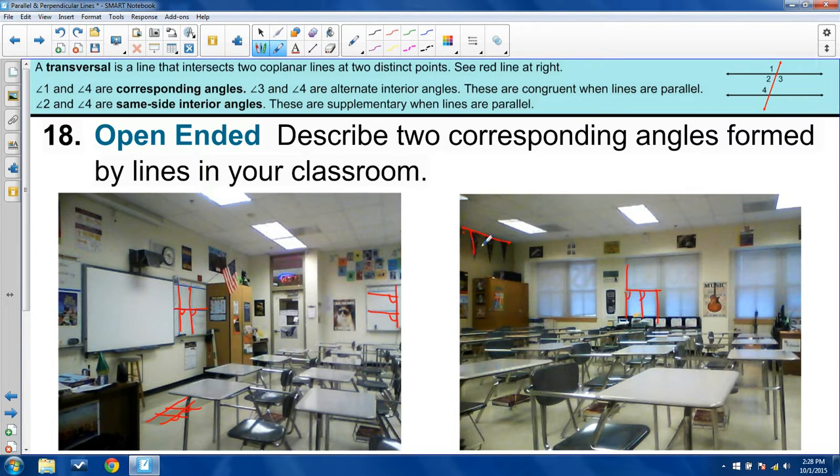Okay, I have lines going like that, so these are corresponding angles. Now these ones that I'm doing are also congruent, right? All corresponding congruent angles. Even on the ceiling, if you kind of see these lines up here that are made, you'd have corresponding angles. So a bunch can be made all around, but I only want to do things that are connected in such a way with a transversal. And all these ones seem to be right there.